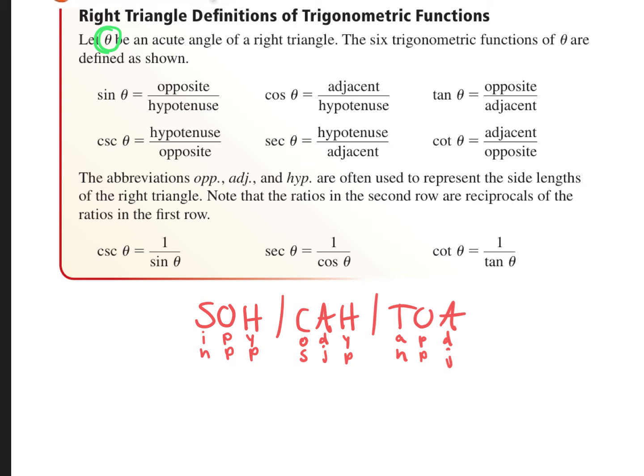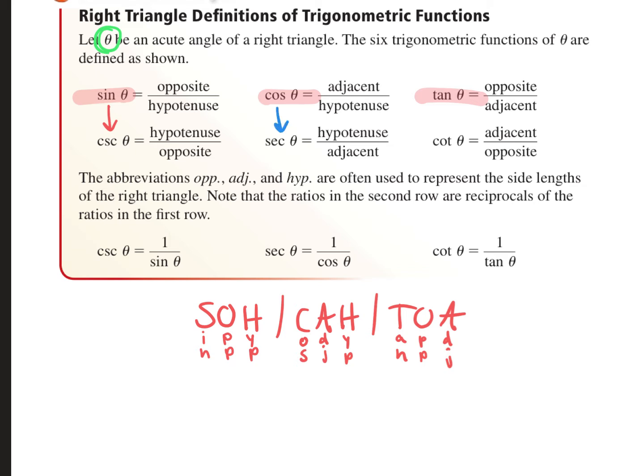Sine, cosine, and tangent are 3 main trig functions, and each one of them has a reciprocal function that goes along with it. So cosecant, the CSC, is the reciprocal of sine. So notice how sine is opposite over hypotenuse. Cosecant's the reciprocal, so it flips. It's hypotenuse over opposite.